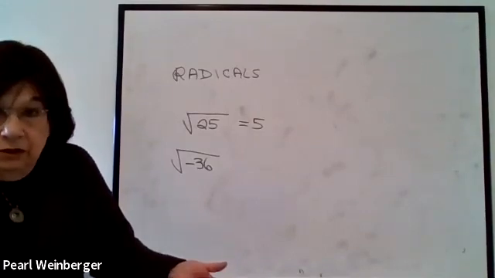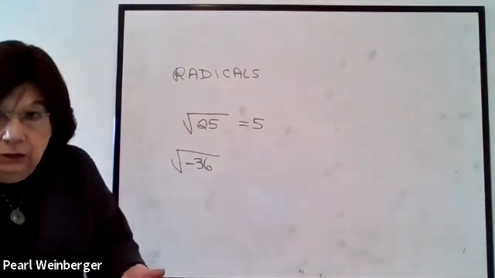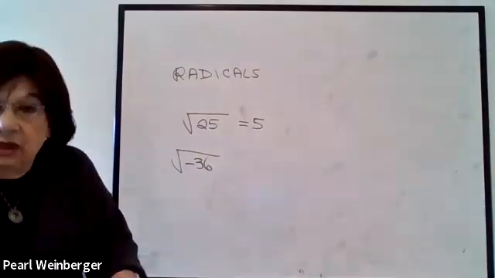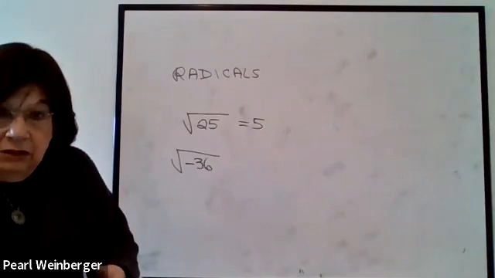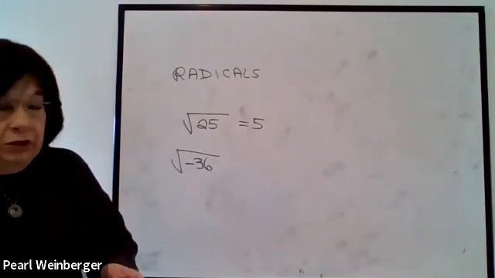It can't be +6, because positive 6 times positive 6 is positive 36. And -6 times -6 is also positive 36.